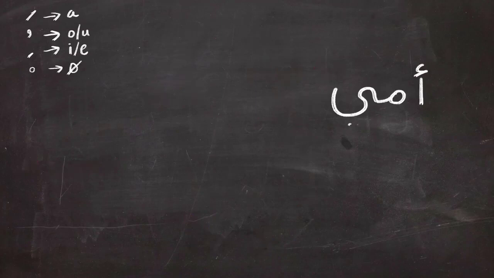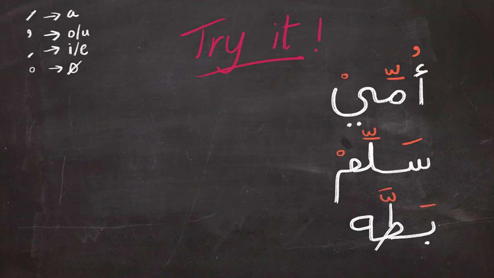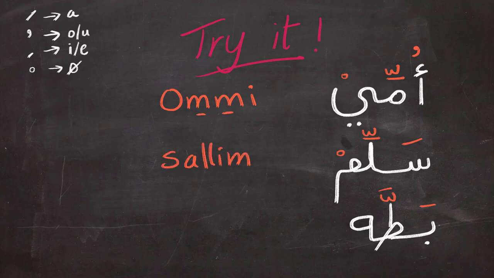Let's have a look at another set of examples. This time, I want you to try it yourself. I'm going to wait for some time until you try to pronounce these words on your own and then compare your pronunciation to what I'm going to say. The first word is Ummi. The second word is Sallim.